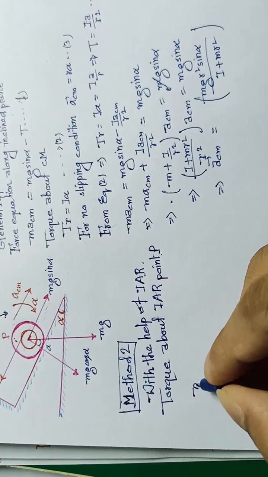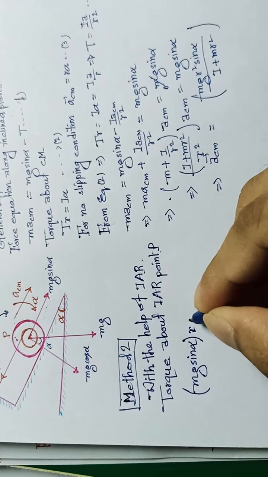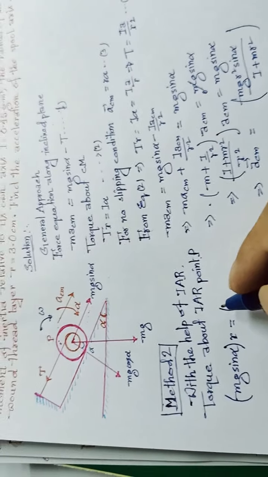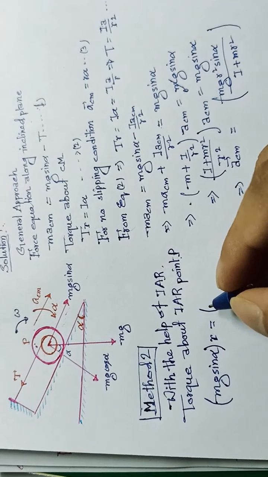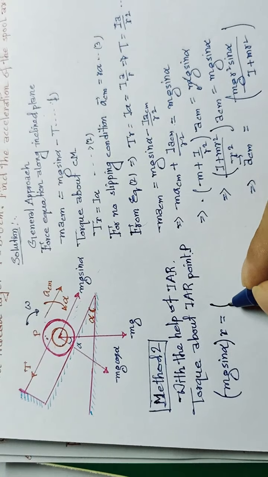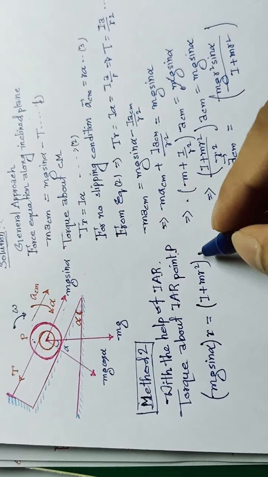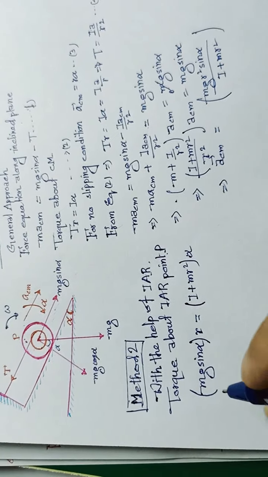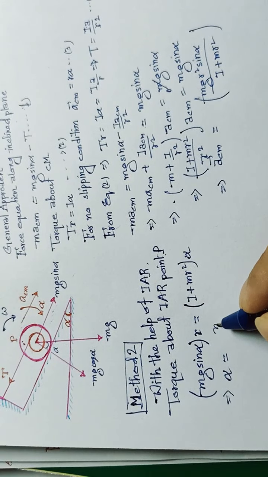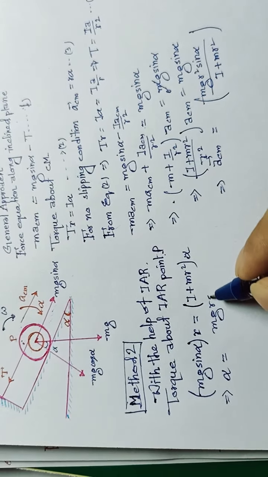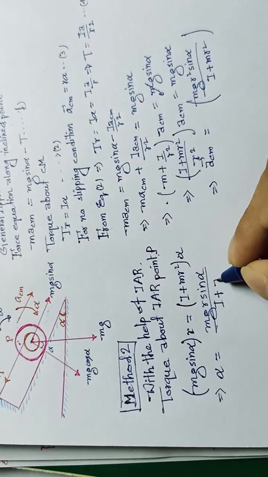So you can write mg sin alpha into its distance r will be equal to the moment of inertia of the spool about its instantaneous axis of rotation, which is I plus m r square, multiplied by alpha. From this equation we can find the value of alpha as alpha equal to mg r sin alpha divided by I plus m r square.